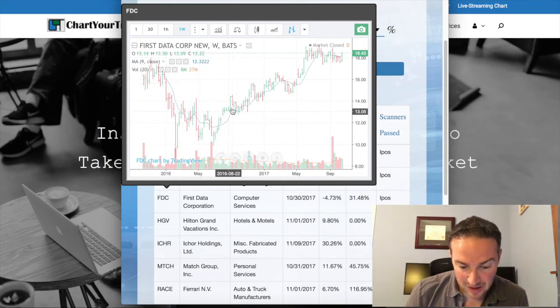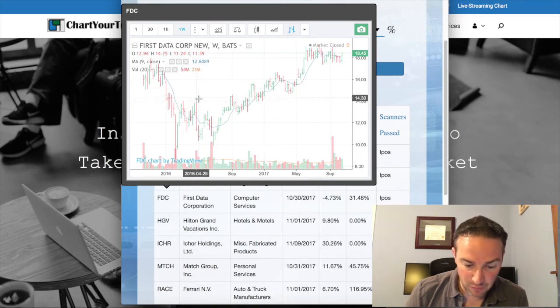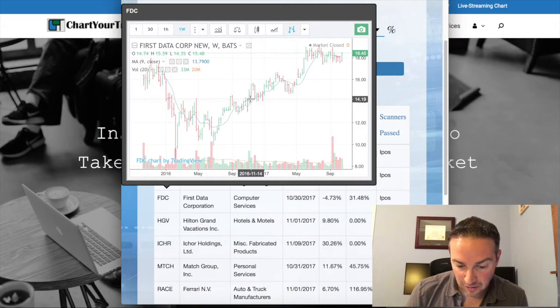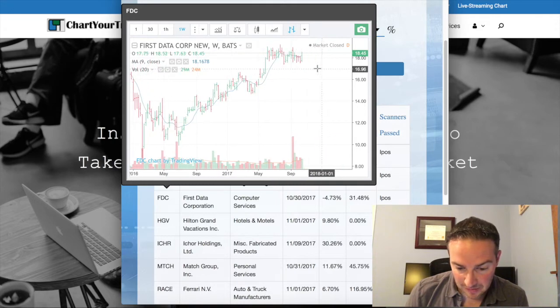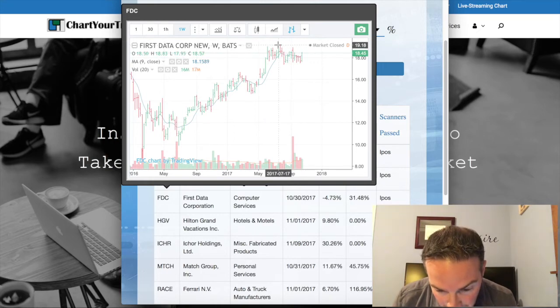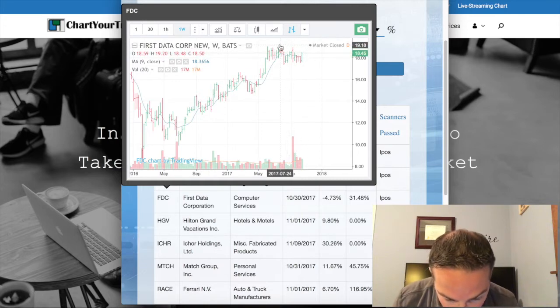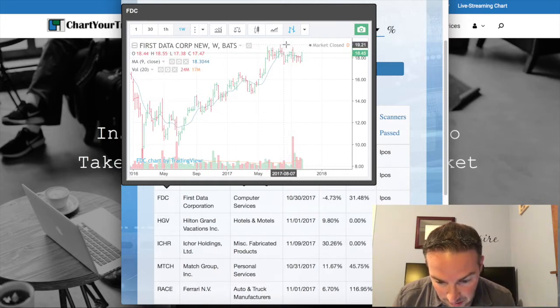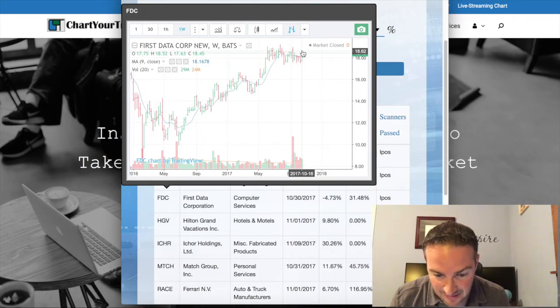But if you are patient and you wait, you could get an advanced entry point somewhere around here, or you could use this as a base and buy in right around there, or this base over here, or it looks like it's forming another base, potentially a flat base. I see a potential advanced entry point forming if we were to draw a descending trend line from this high here, connect that one, that high there, and you would have an advanced entry point probably somewhere in the 18.50, 18.75 range.